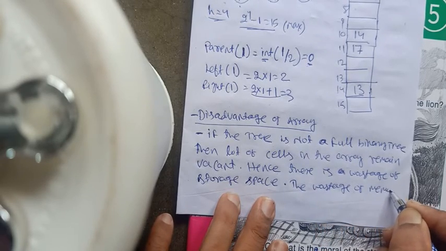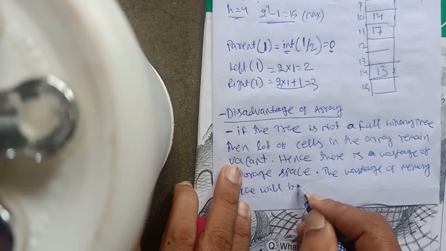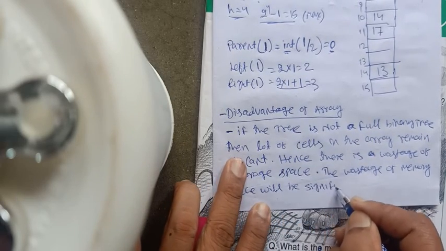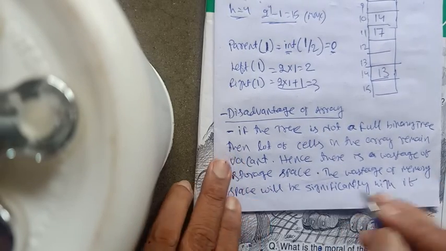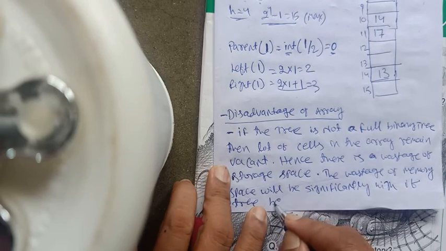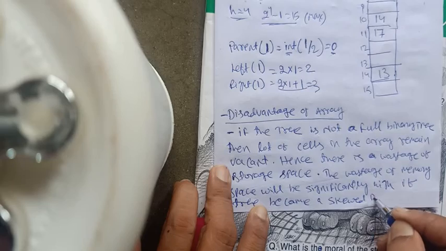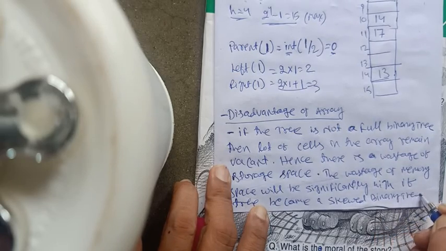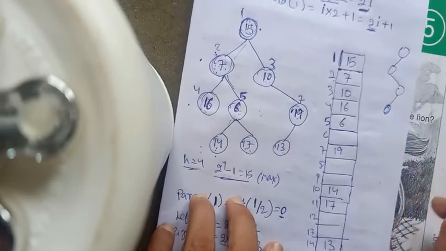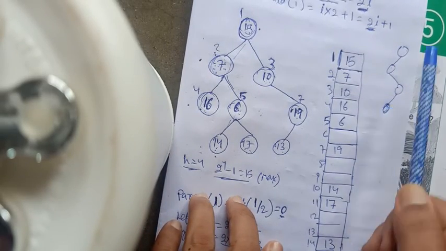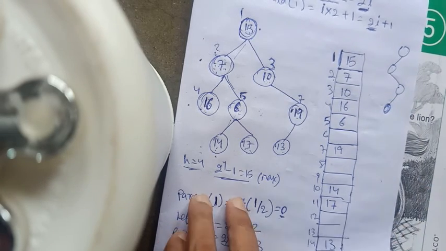Okay, so I will say the wastage of memory space will be significantly high if the tree becomes a skewed binary tree. Okay, skewed binary tree means each node except the leaf node has a degree of exactly 1 or less than that.